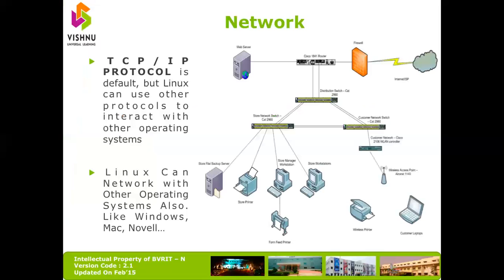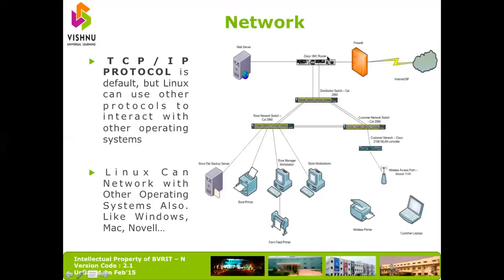Now, it's not that if you have a Linux computer in your environment, you cannot connect to other computers. No, that's not true. You can get connected to Windows or Mac operating systems or Novell operating systems or something like that. So that's basically what a network looks like in a normal environment. You have multiple servers, and this is your internet provider, which helps you connect with the external world or the internet.